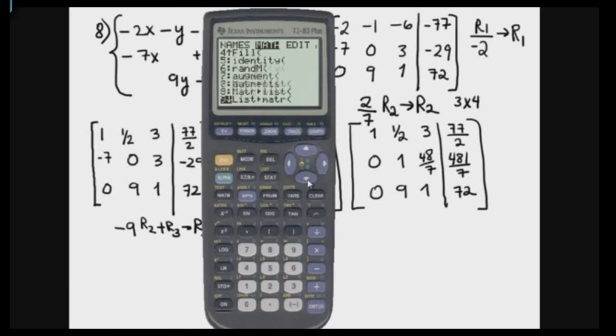Now I go to the row operation, plus again, option B. After row plus, yeah. The factor is -9, comma A, comma 2, comma 3. Okay, ready. Wow. I change to fractions.